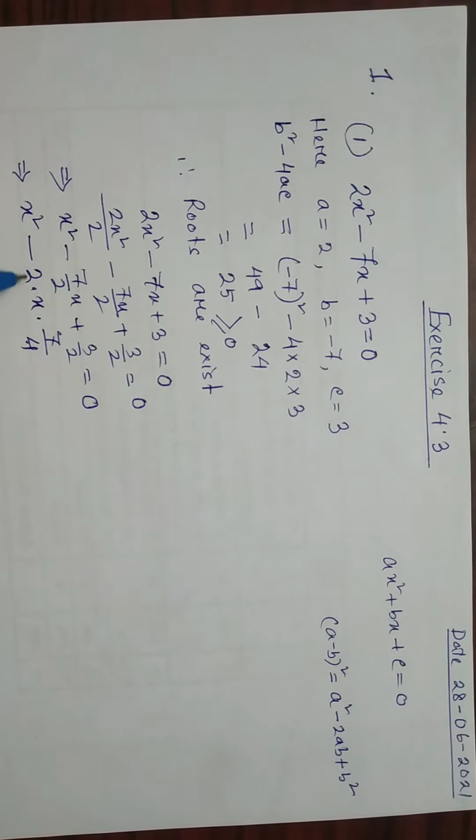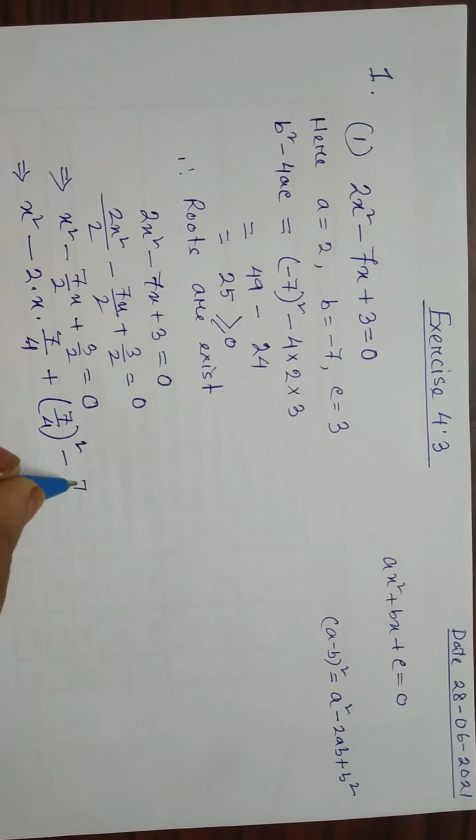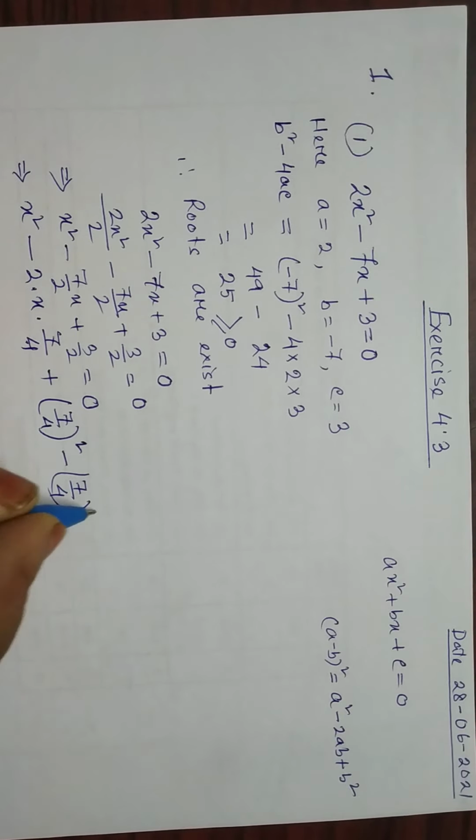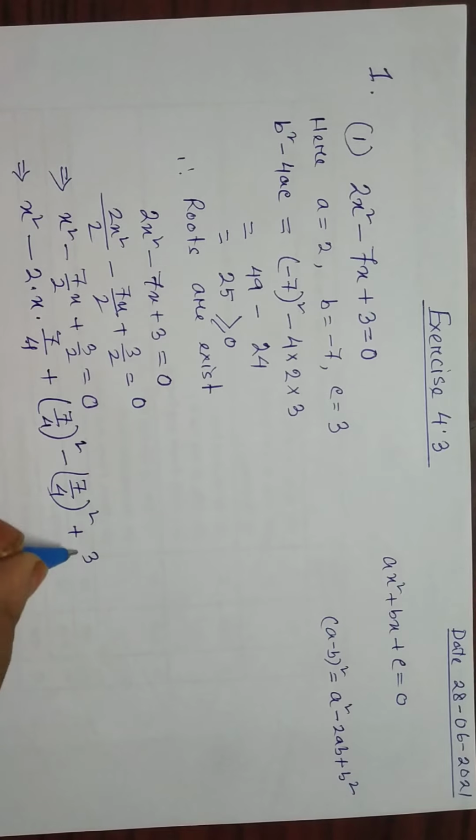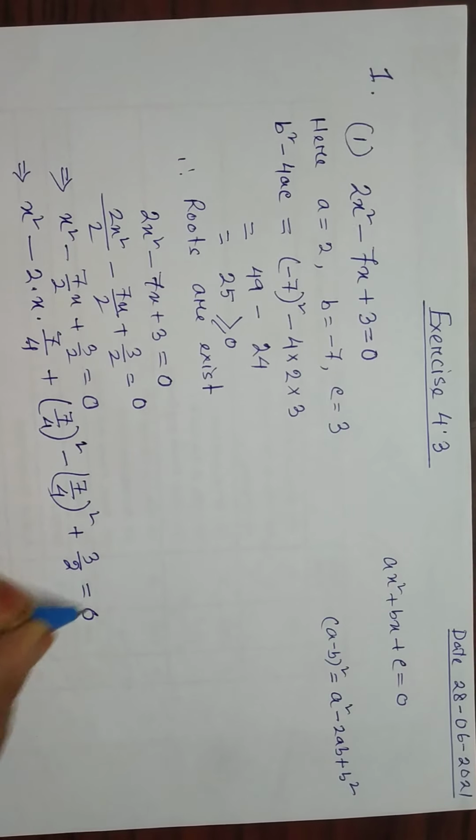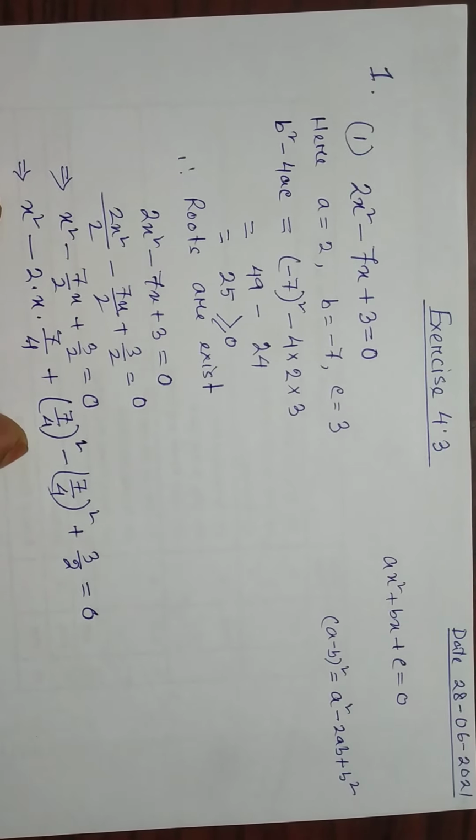Now here 2ab, a means x, b means 7 by 4, therefore we write 7 by 4 whole square. This we have written extra, that's why minus 7 by 4 whole square plus 3 by 2 equal to 0.